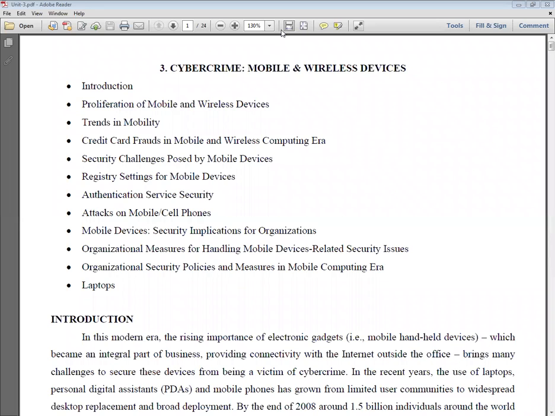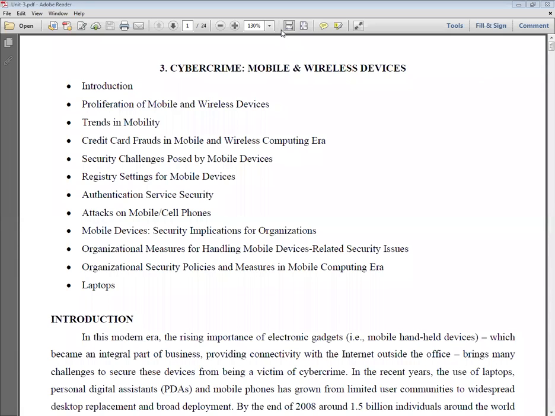So this chapter deals with cybercrime regarding mobile and wireless devices. This unit consists of some topics where the first topic is introduction, and the second is proliferation of mobile and wireless devices. Proliferation means the rapid growth or sudden increase.